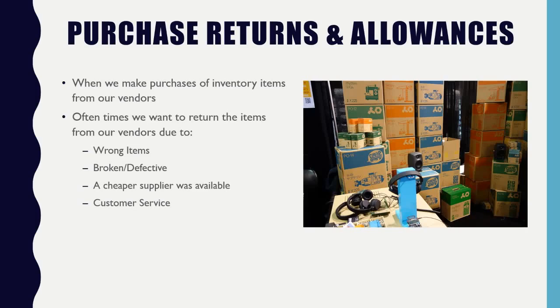Oftentimes, because the idea is that you're trying to resell these products, if the vendor decides to ship you out items, again, they're shipping out in large quantities. It's a common mistake that every business makes. Every business will make a mistake at some given point. So they could be shipping out the wrong items.